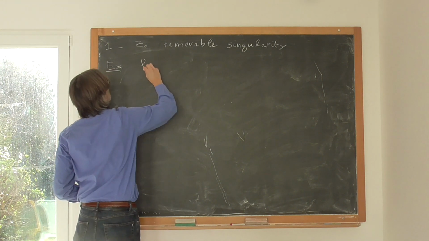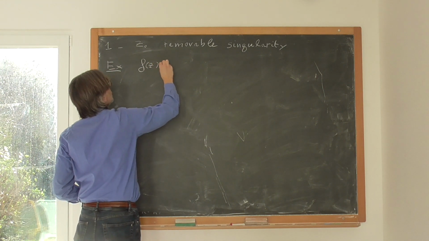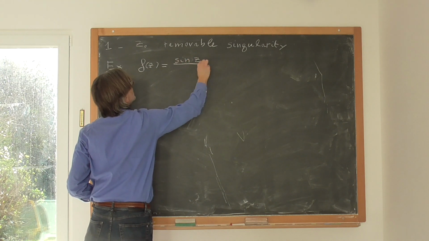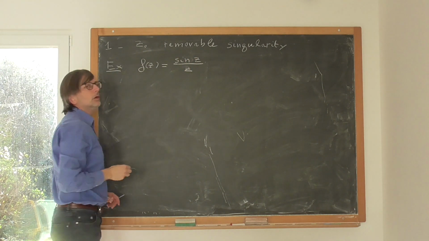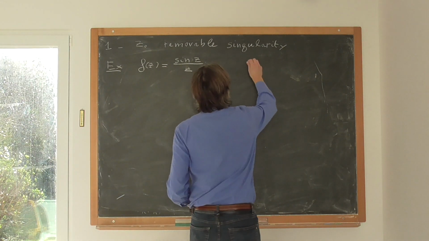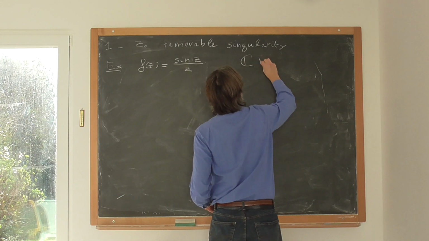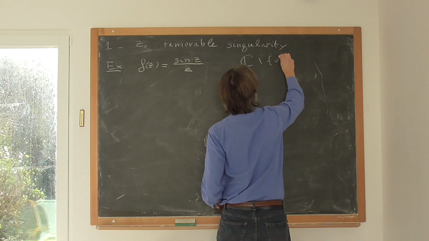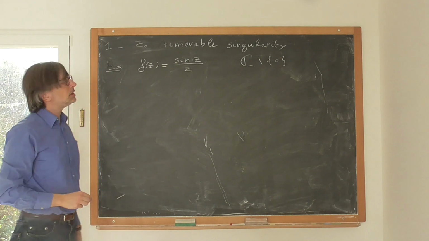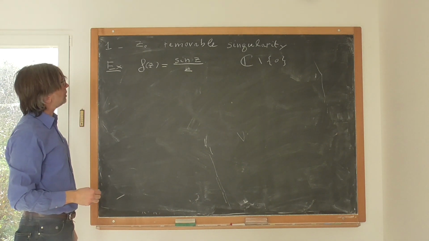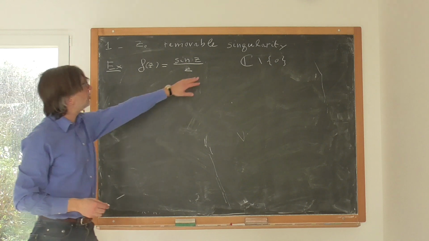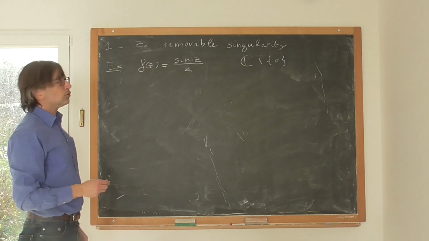We could consider, for instance, the function f of z equals sine of z divided by z. So the natural domain of this function is C minus 0, because we are dividing by z, which vanishes exactly at 0. And this is, of course, a holomorphic function on this open set.